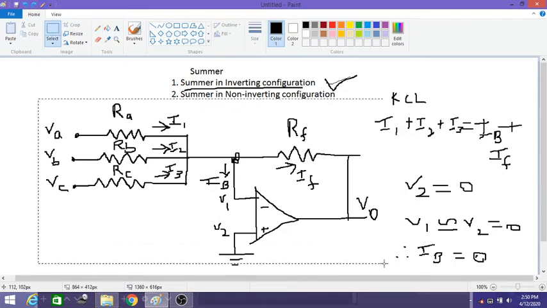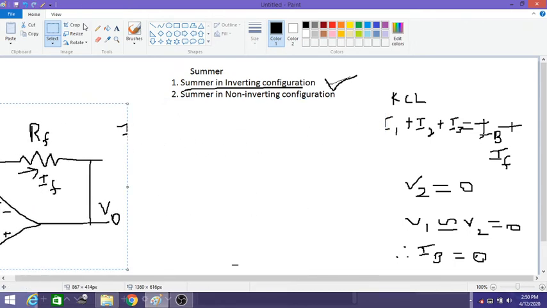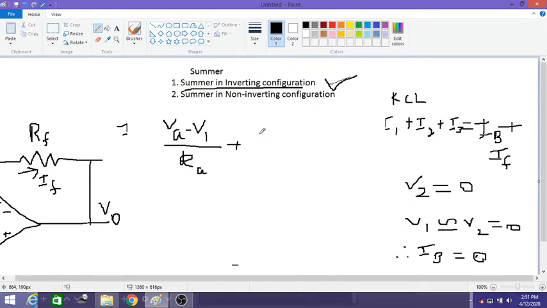So now let me move this circuit. Then for the current I1 we have VA minus V1 by RA, plus the current I2 represented as VB minus V1 by RB, and the third current I3 represented as VC minus V1 by RC.